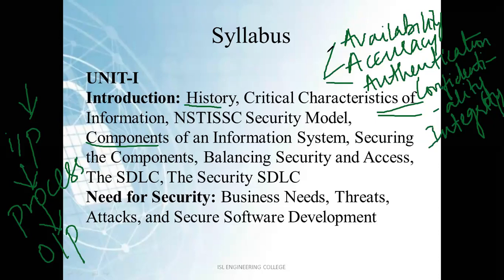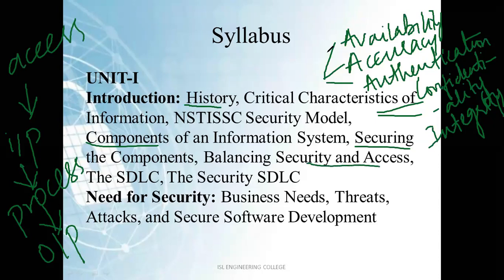When you know these components, it will be easy for you to secure them: who are the people given access to the system, who can give input, and who can manipulate, add or retrieve data from an information system.